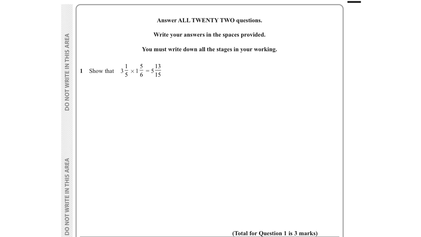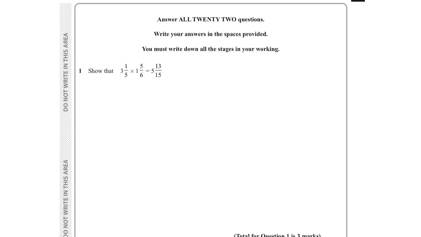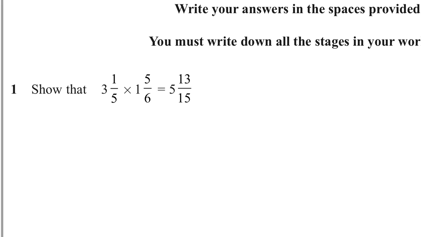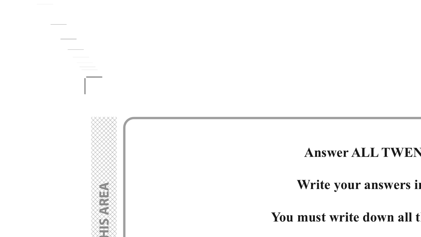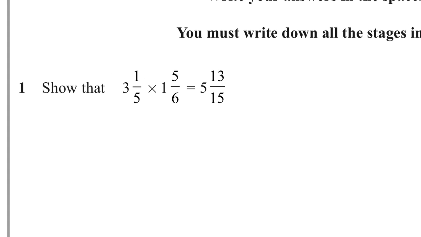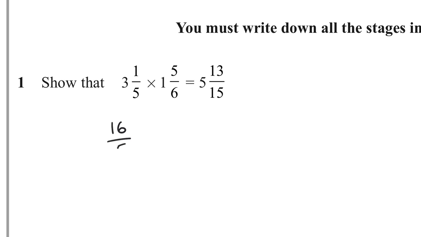Okay, so step 1. When we multiply fractions, we should convert them from mixed numbers to improper fractions, okay? So, 3 and 1/5 is 16 over 5. Remember, 3 whole ones is how many fifths?